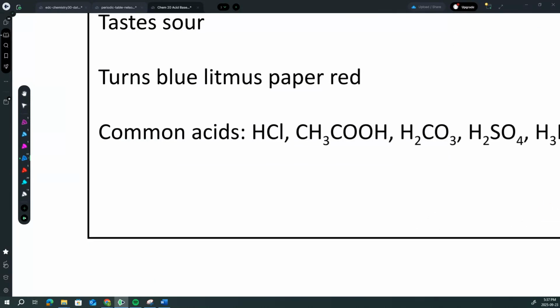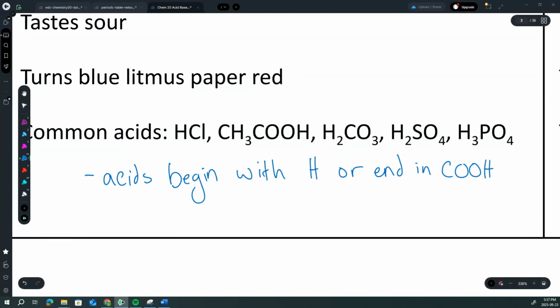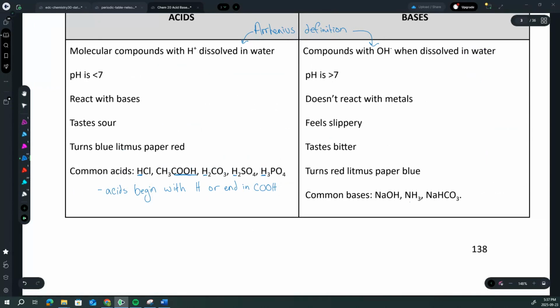So I'm going to just add that as a little note at the end here. So as you can see from all of these examples, they either begin with H or end in COOH. Okay. So that's a quick way that you can identify acids.